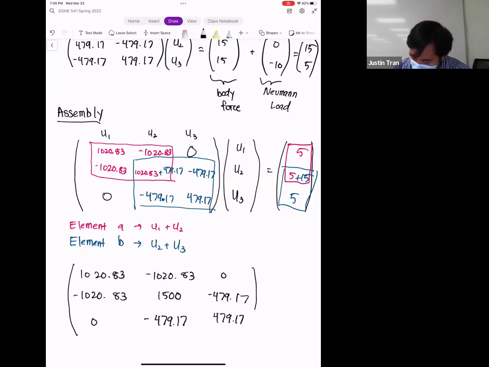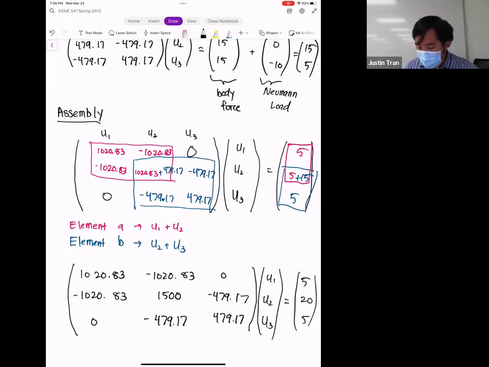Okay. U1, U2, U3. And on the right-hand side, we have a 5, we have a 20, and a 5.